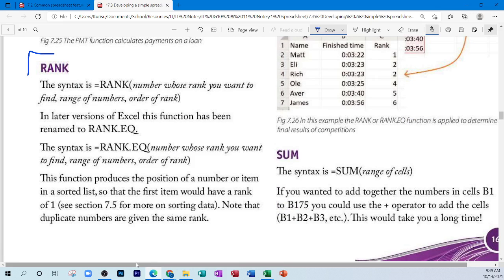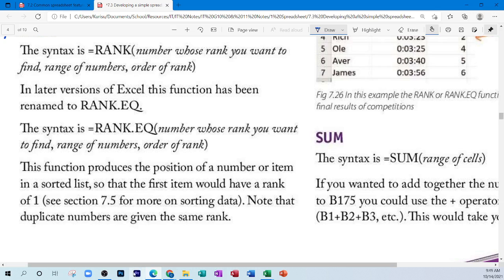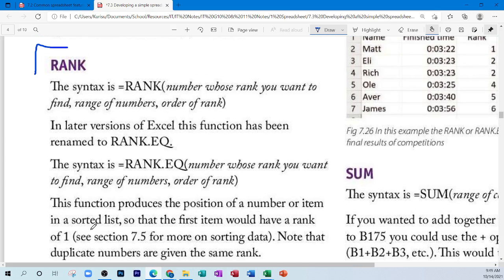Shayan, can you read that for us? Rank. The syntax is equal to rank, number whose rank you want to find, range of numbers, order of rank. In later versions of Excel, this function has been renamed to rank EQ.